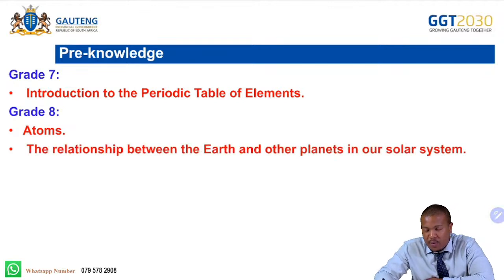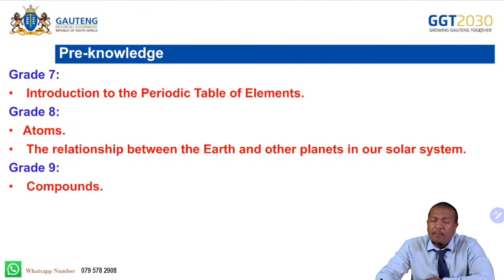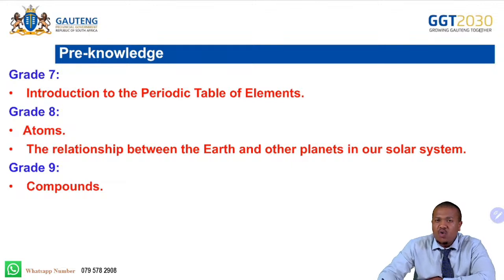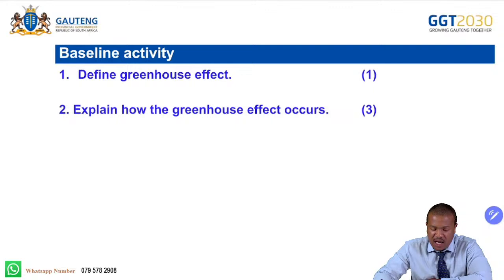We also talked about the relationship between the Earth and other planets in our solar system, mentioning points like we have 8 planets in our solar system. Then in grade 9, we talked about compounds, which are 2 or more elements that are chemically bonded in a fixed ratio.